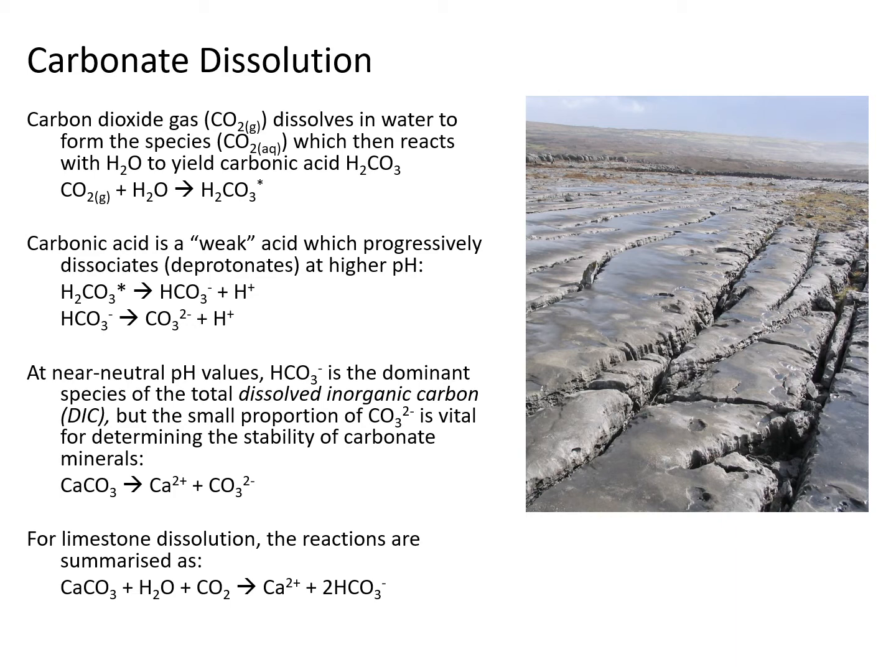This dissolution of carbonates comes from carbon dioxide gas, which dissolves in water to form a carbonic acid. And this carbon dioxide gas is largely sourced from the soil zone. And it's there because of plant roots respiring and soil microbes respiring, just the same as we respire.